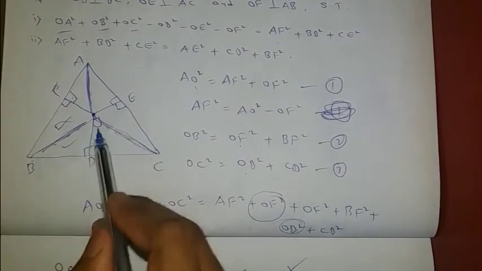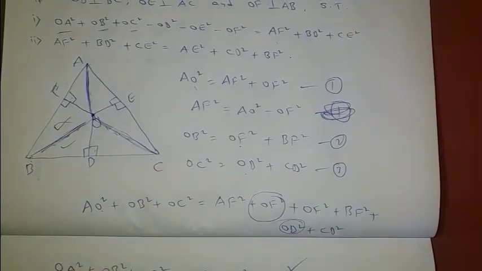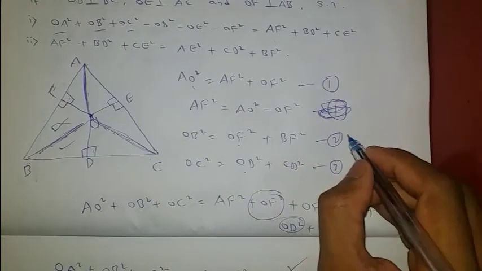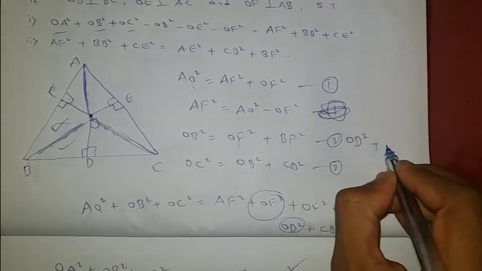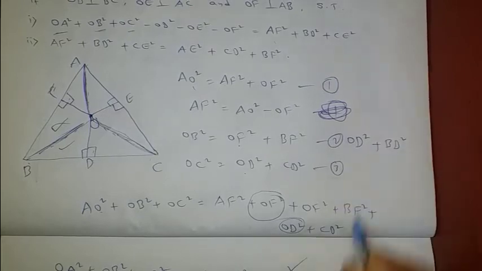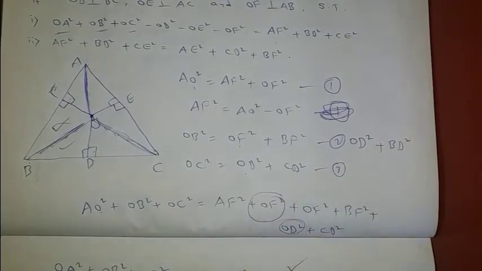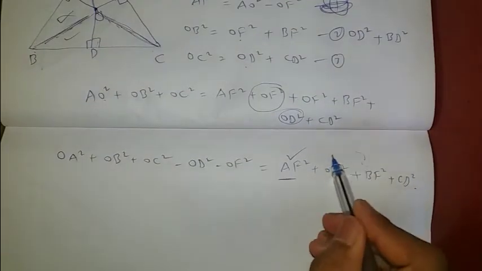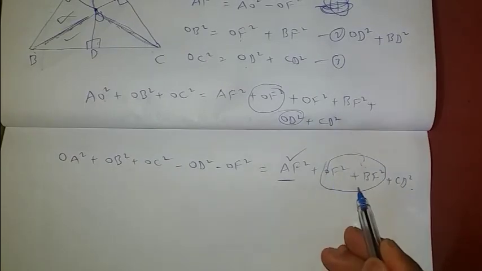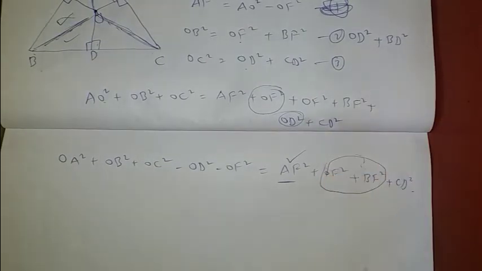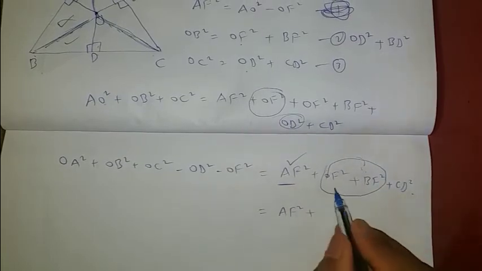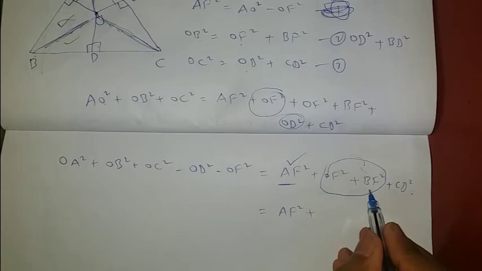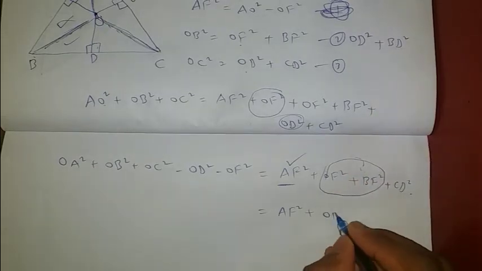That is OB square is equal to OD square plus BD square. Now, in the place of OF square plus BF square, I will write OD square plus BD square. So it is AF square as it is, plus OD square plus BD square.